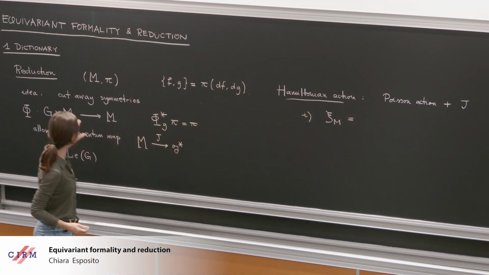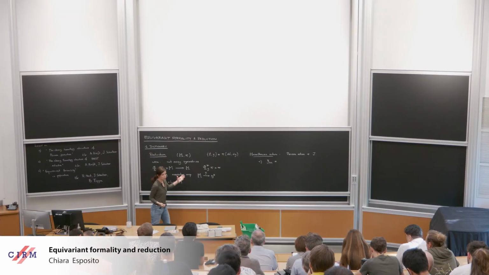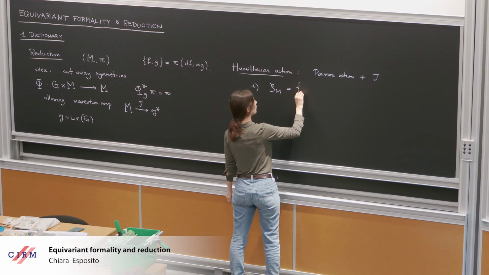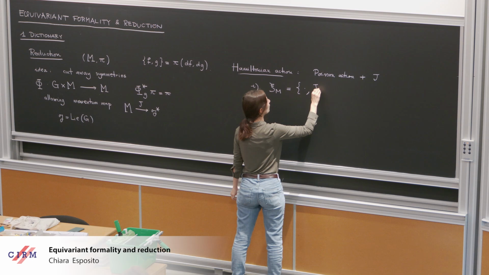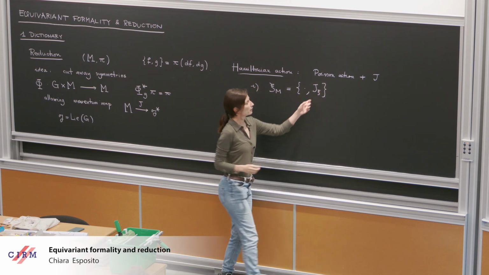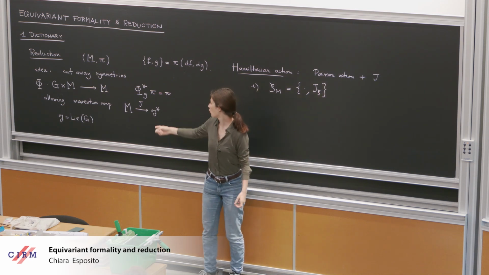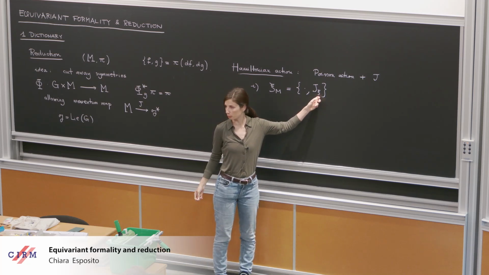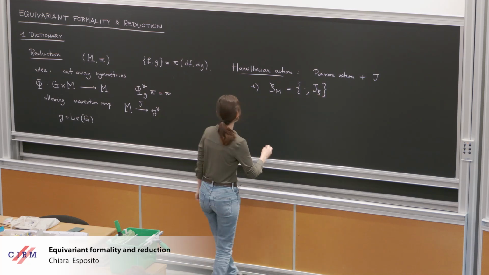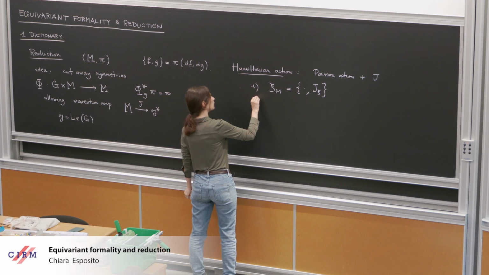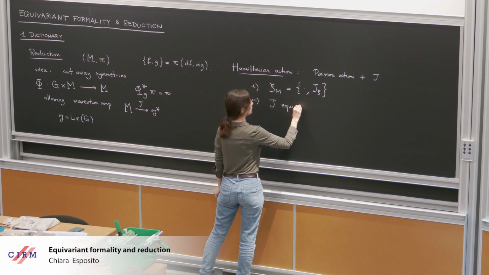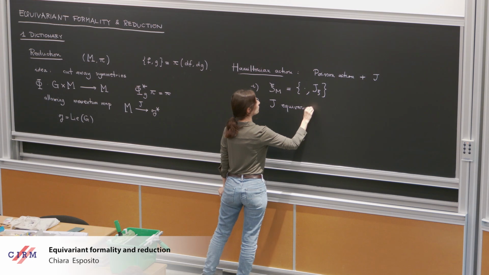So first, the fundamental vector field of my action has to be a Hamiltonian vector field. This is just the pullback of my J, so it's really a function on my manifold. Second, J has to be equivariant.